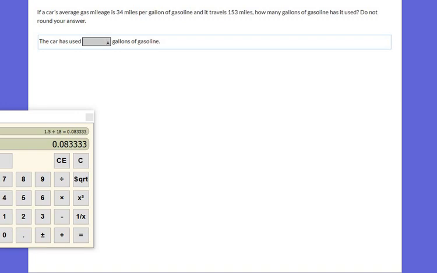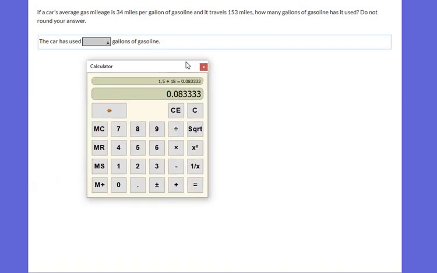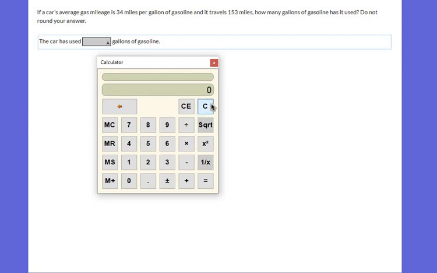So I'm going to take 153 and divide it by 34, because I need to see how many gallons it used. 153 divided by 34, I get 4.5. So that's how many gallons of gas it's using. It says do not round your answer, so I would type in 4.5 for that answer.